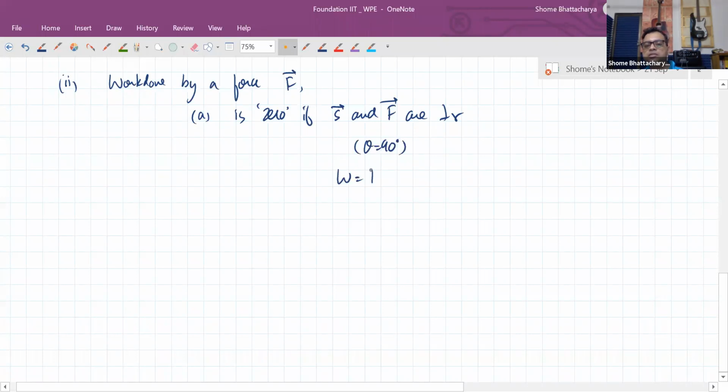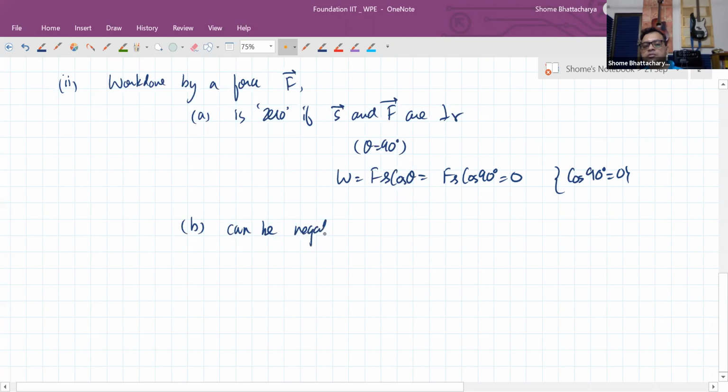So work done, which is F S cos theta, comes zero because cos 90 is zero.